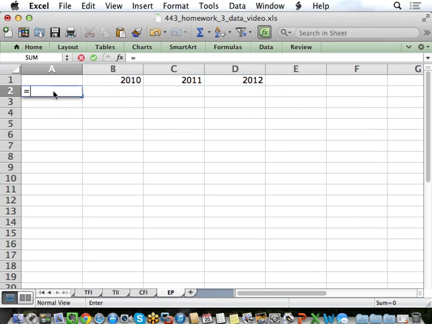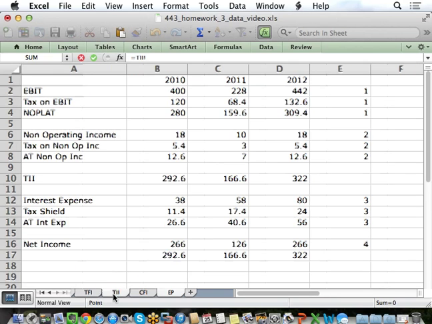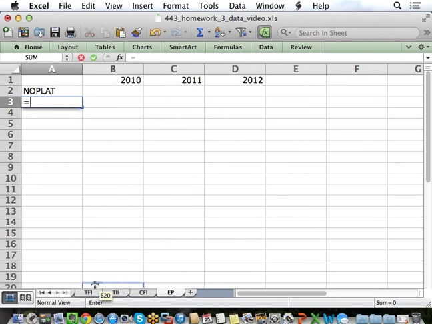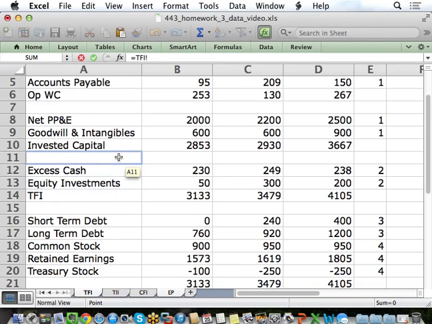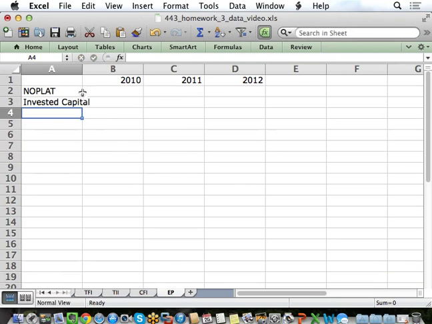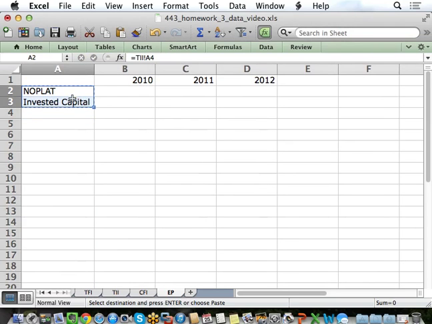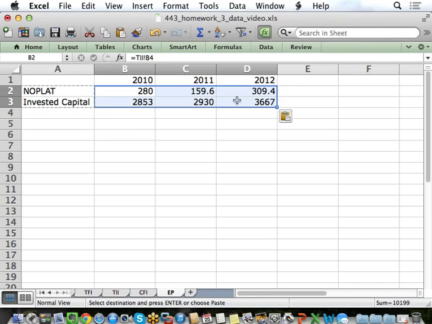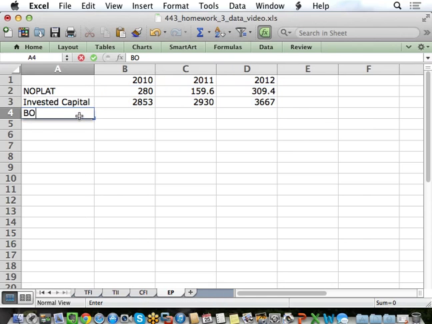So I need my NOPLATs, and I need my invested capitals to get my ROIC. And I'm going to ask you to calculate a beginning of year ROIC, which means I'm going to take my current year's NOPLAT divided by previous year's invested capital.